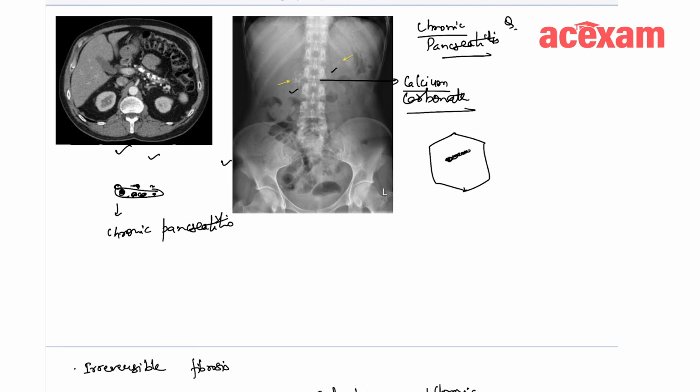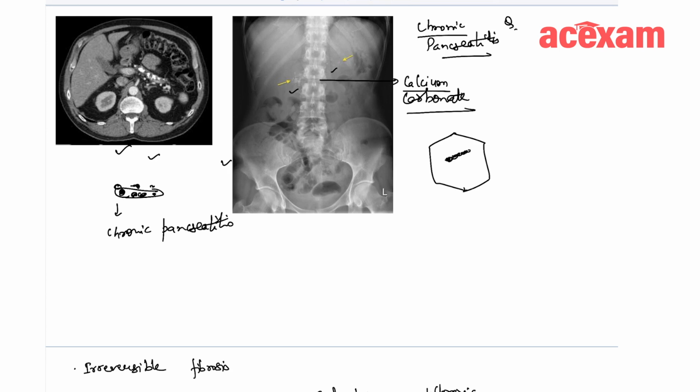Now we will get the investigations done. Amylase and lipase are not important for chronic pancreatitis. Generally, amylase and lipase are not raised, and in fact, amylase is classically normal in the majority of patients. Okay. Now, how to diagnose chronic pancreatitis? We can get a CT done to look for pancreatic inflammation as well as pancreatic calcification.